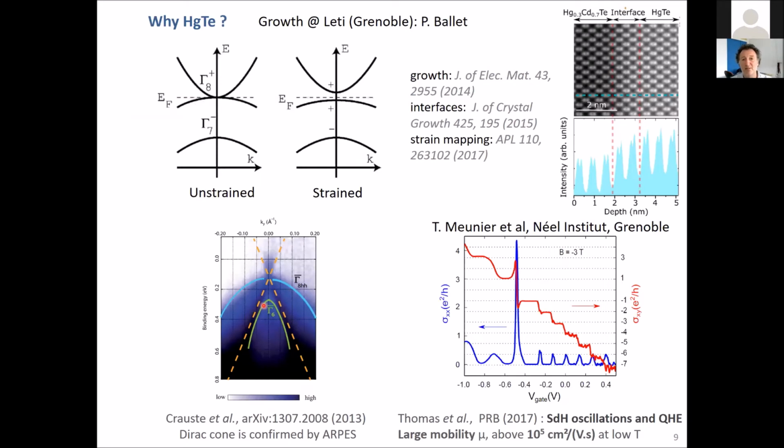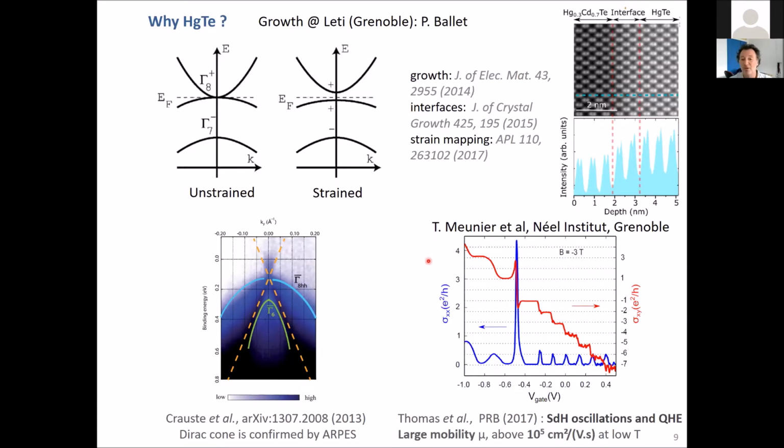Mercury telluride is a material that has long been grown in Grenoble by Philippe Ballet, that is very well mastered, with very sharp interfaces, even seen from the chemical point of view, where the Dirac cone has been observed by ARPES, and also through spectroscopy of the gas, for example, by the group of Tristan Meunier at the Néel Institute, where they have observed Shubnikov-de Haas oscillations on very nice quantum Hall effect plateaus.